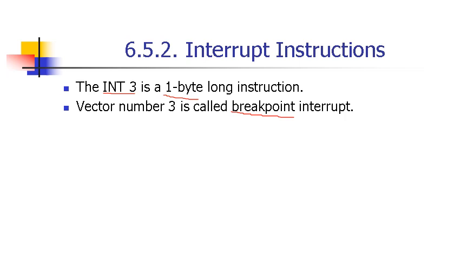This is why it is a special interrupt instruction and can be put anywhere in your code. This is why it's made to be 1 byte long, so it can be easily squeezed inside your code.